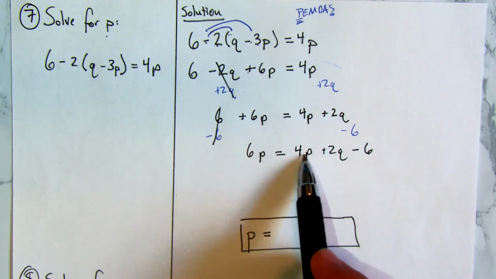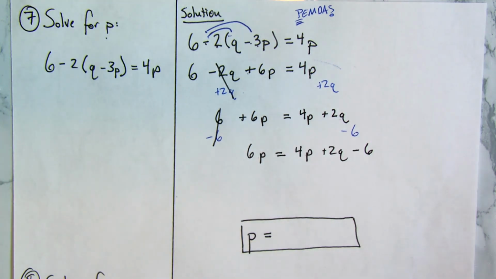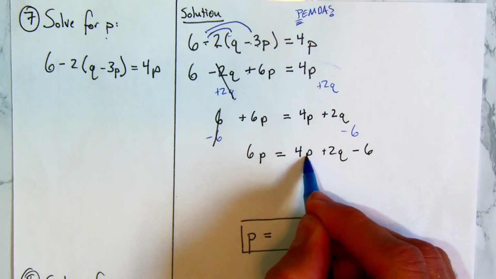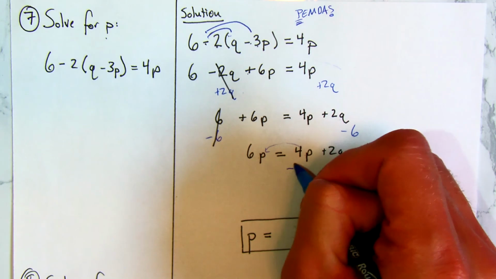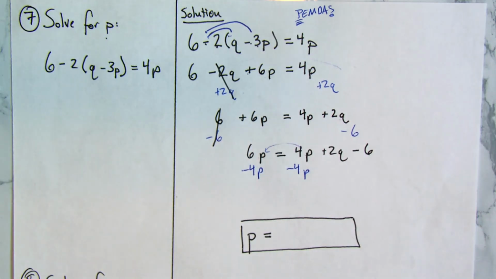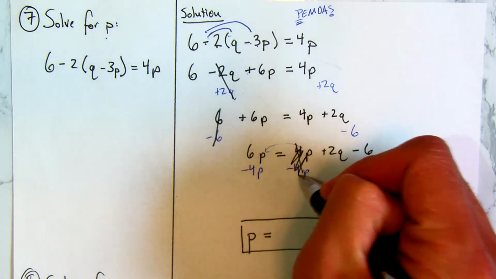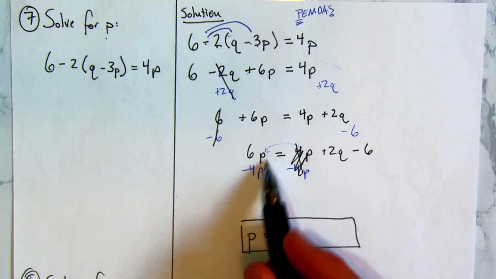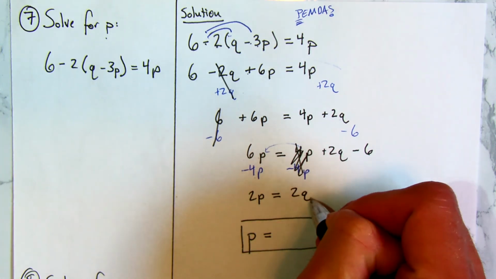Now we have a p on each side. When this happens, what you do is you pick the smaller one, in this case that one, and let's move this to the left hand side. Let's subtract 4p from each side. On the right, it cancels. On the left, 6p minus 4p is 2p equals 2q minus 6.